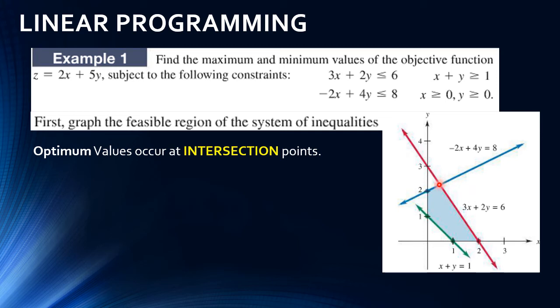For this, I would use my calculator. If you go under the calc function, which is in the top row towards the right near graphing, and look at the menu there, you'll see an intersection button. It pulls up your graph and asks, are you on the first line? You want to be on either the blue line or the red line, because those are the ones we're looking for this intersection.